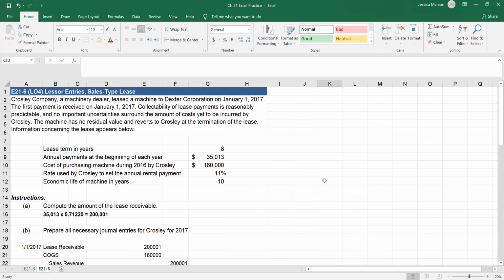The major difference between these two is that the fair value, or the present value of minimum lease payments, is greater than the cost of the asset, the cost of the machine in this case. So we've got that cost of goods sold that has to be recognized and the sales revenue. The difference between the cost of goods sold and the sales revenue is the gross profit. So we've got gross profit on these transactions as well.